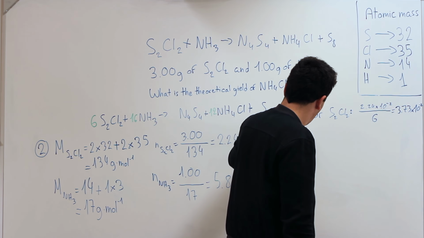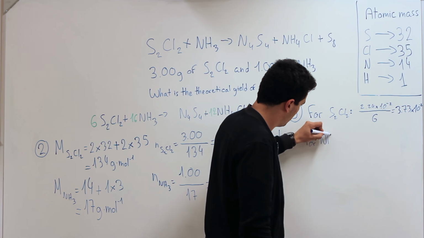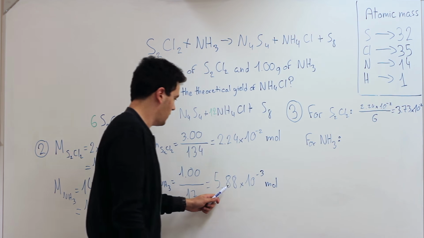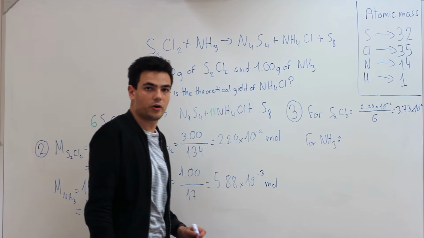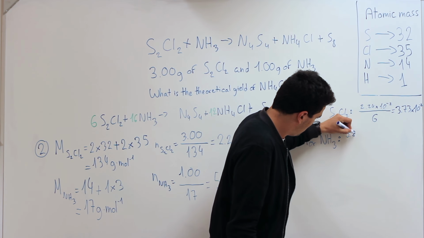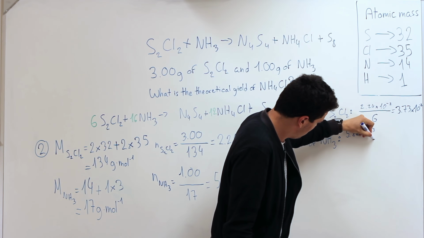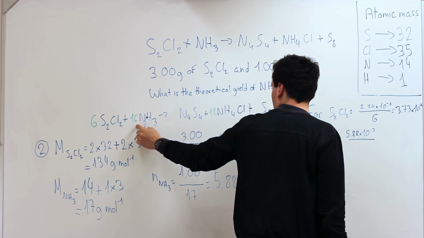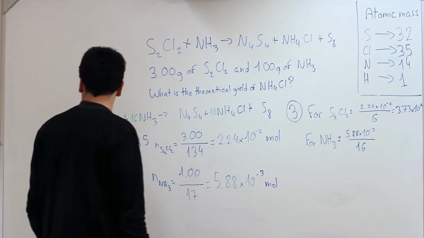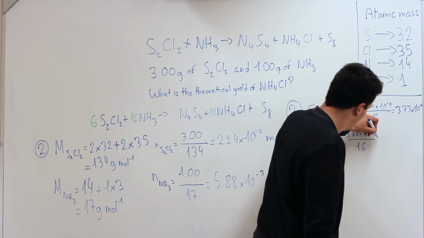And for NH3, we have 5.88 times 10 to the power of minus 3 over, this time, 16, for a grand total of 3.68 times 10 to the minus 4.